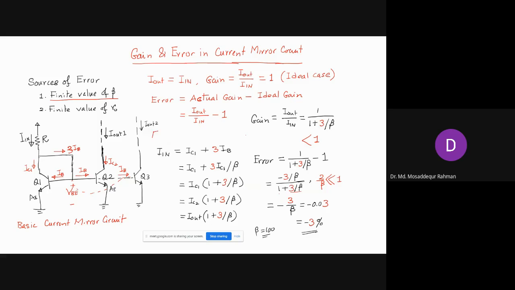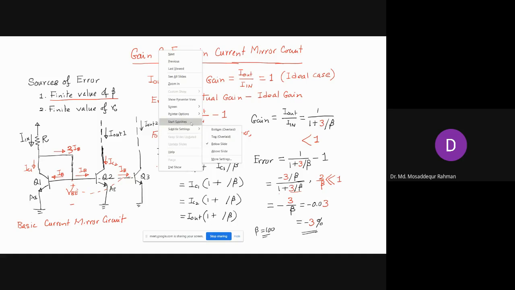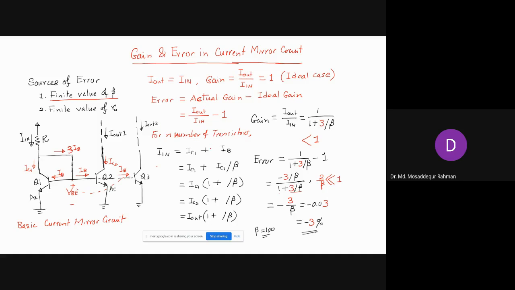So for n number of transistors, we'll have n IB, right?